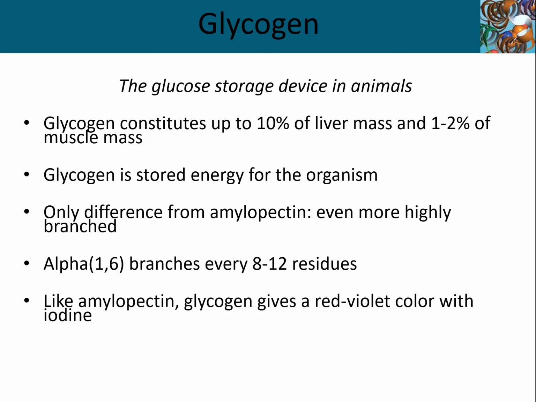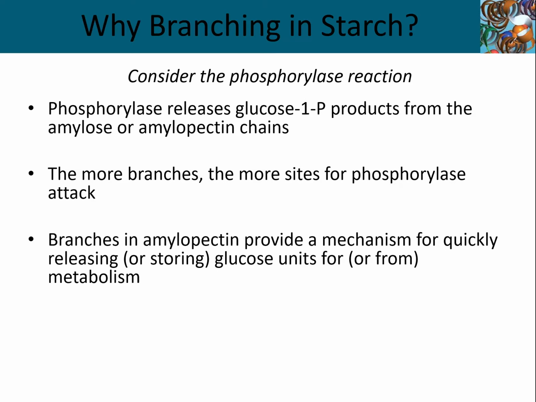Now, what's glycogen? We just talked about starch. Now we're going to move into glycogen. Starch is carbohydrate storage for plants. Glycogen is carbohydrate storage in animals. And let me move back real fast.